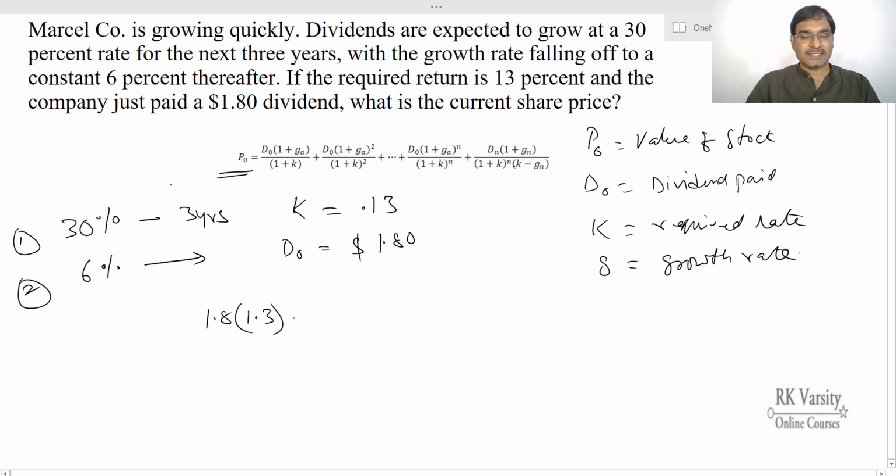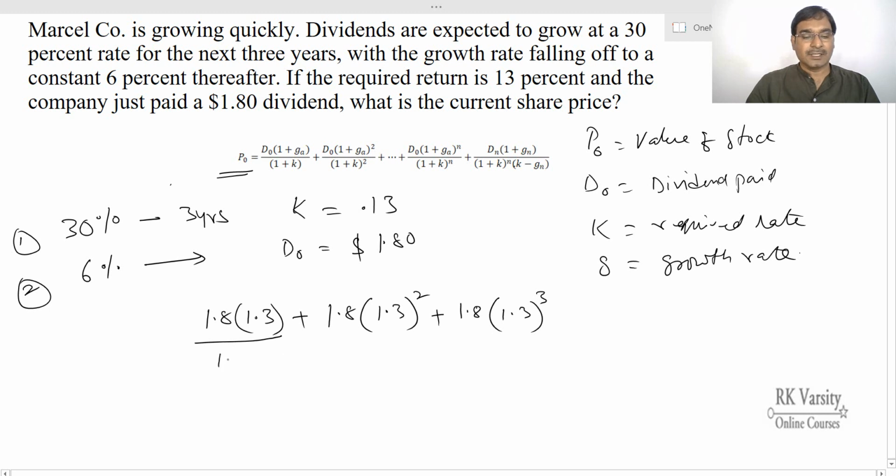This is the first year expected dividend, and the second year expected dividend is 1.8 times 1.3 to the power of 2, plus in the third year the expected dividend is $1.8 times 1.3 raised to the power of 3, and then we discount each of these.